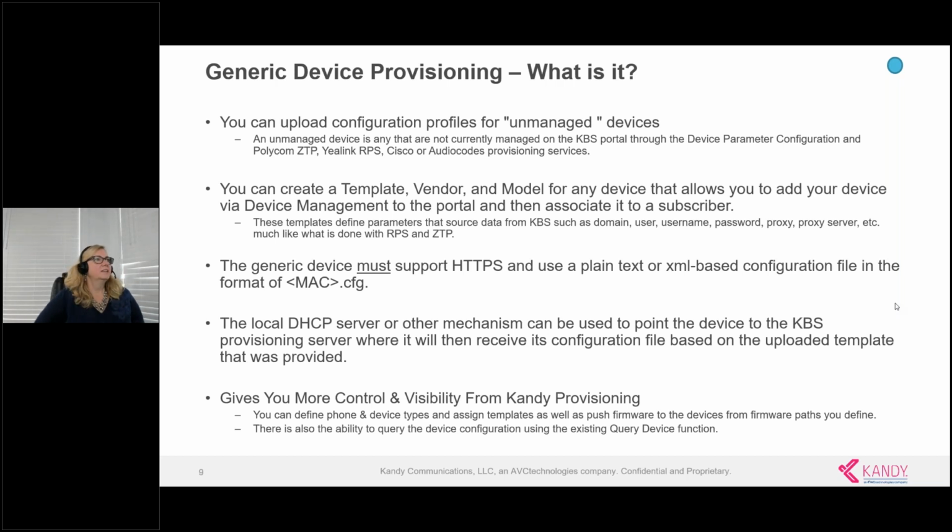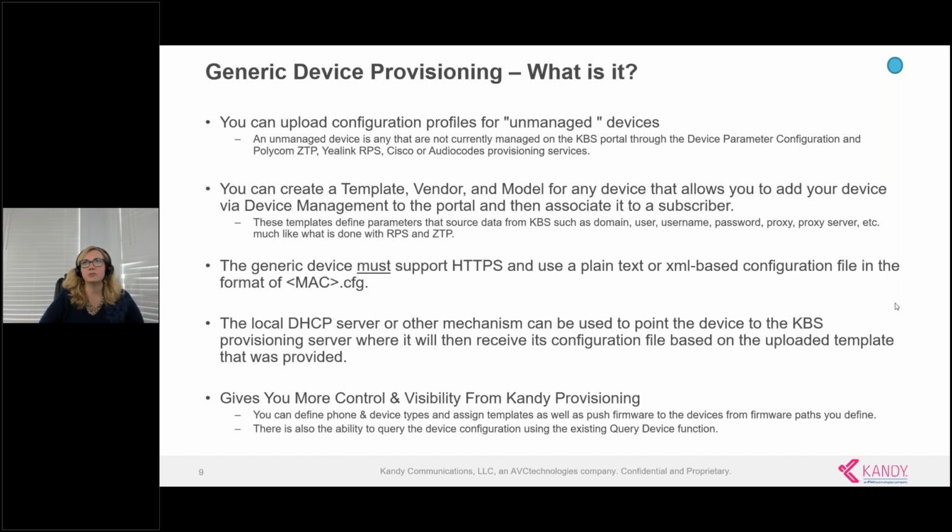And then finally, in order to pick up, this is the local DHCP. So the devices themselves by default out of the box do go and look for a DHCP server that will give them an IP address. And they can also be set to push down where they go to get their configuration files.